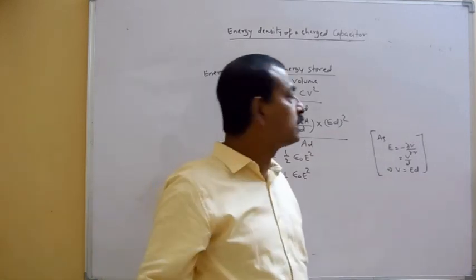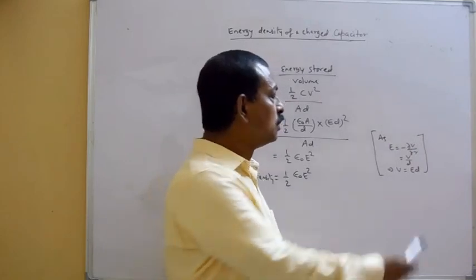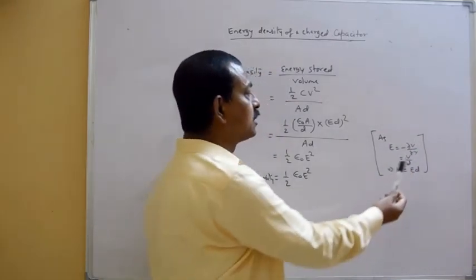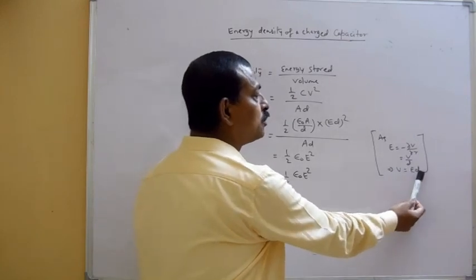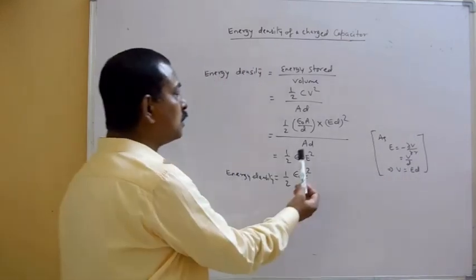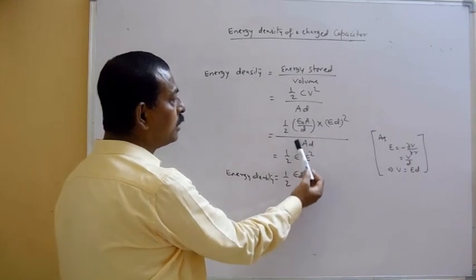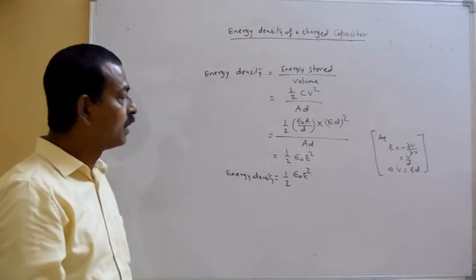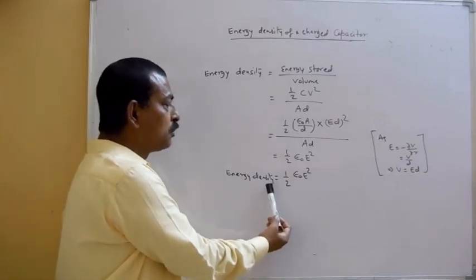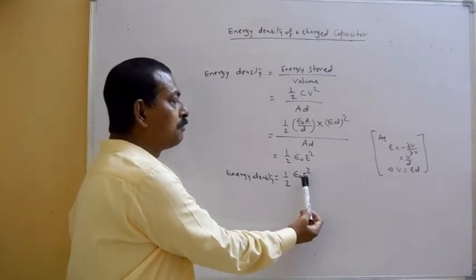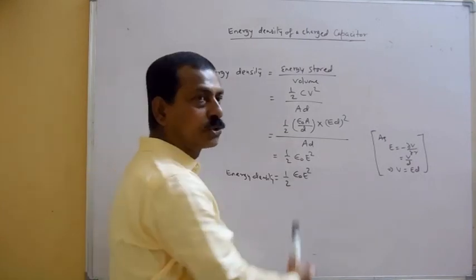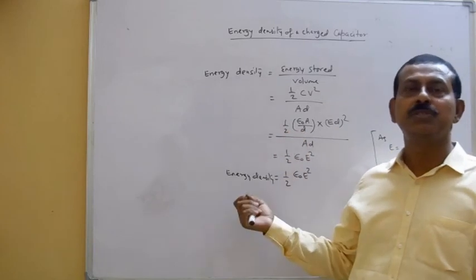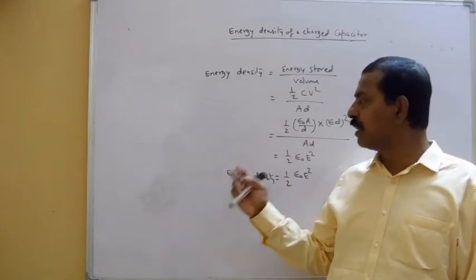As you know, E is minus dV by dr, so it is V by D, where V is the potential difference and D is the separation. So V can be written as E into D. If you take that and cancel the terms, you will get half epsilon naught E square. So finally, the expression for energy density is half epsilon naught E square. This is the expression for energy density of a charged capacitor.